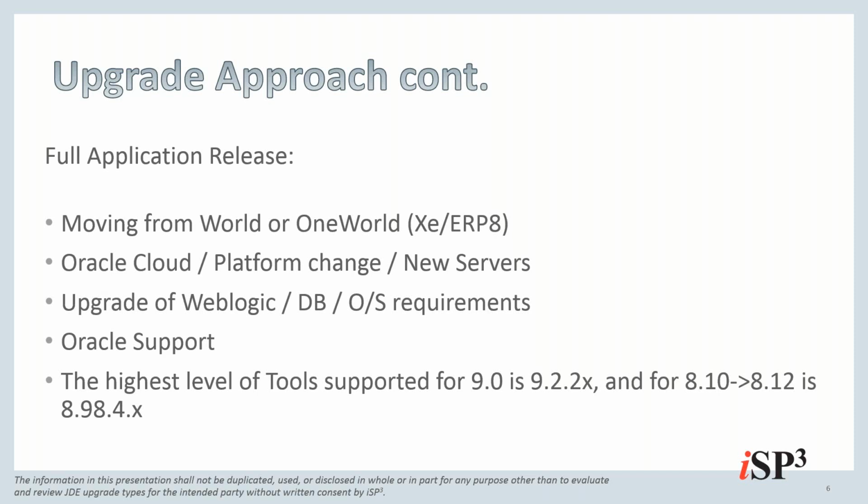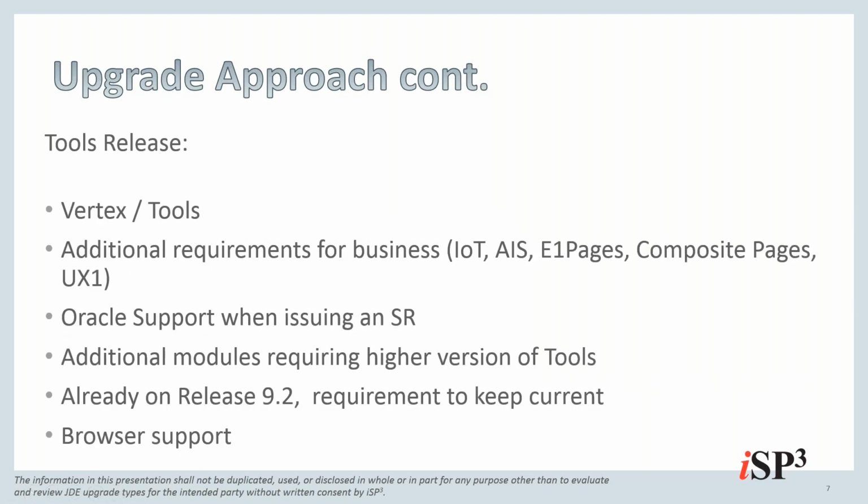A tools release upgrade, some of the reasons. I put this at the bottom, but I'm going to say it first because it's always a huge one, which is browser support. A lot of people have automatic updates to IE or whatever, and it causes problems. So they want to be able to be on top of the tools release, and that drives moving tools. If you have HR payroll, Vertex is usually highly integrated, obviously, with the tool set.